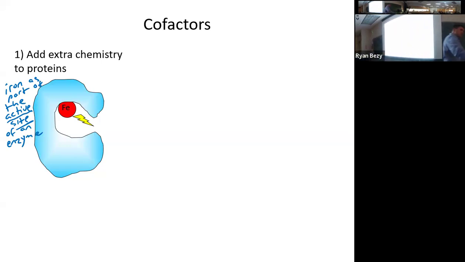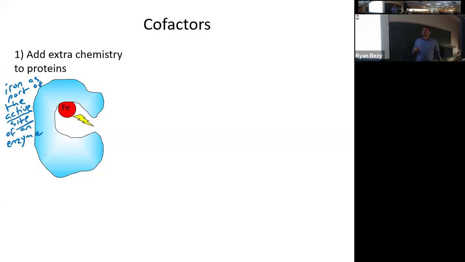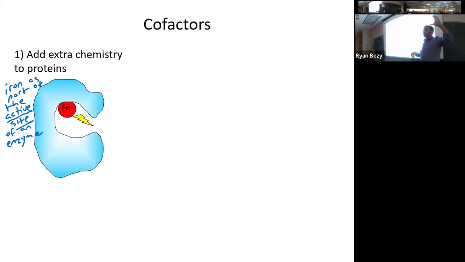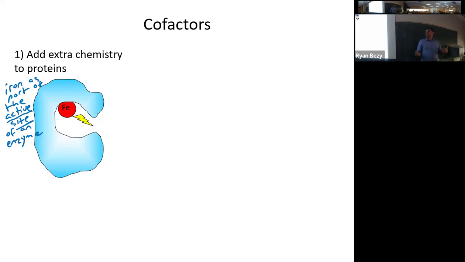Can anybody think of an example of a protein that specifically uses iron as an enzyme cofactor? Hemoglobin is the common example given for that. Hemoglobin is the blood carrier; it carries oxygen through our bloodstream. Every hemoglobin has an iron at its active site, and it's actually the iron that directly interacts with the oxygen and binds with it and carries it from our lungs to all the cells in our body.